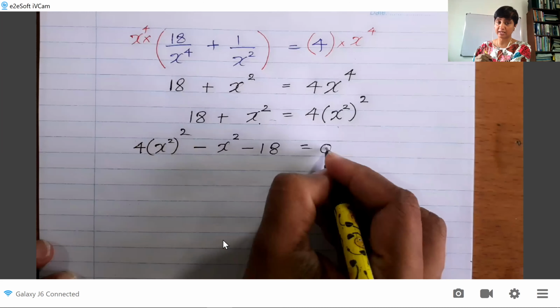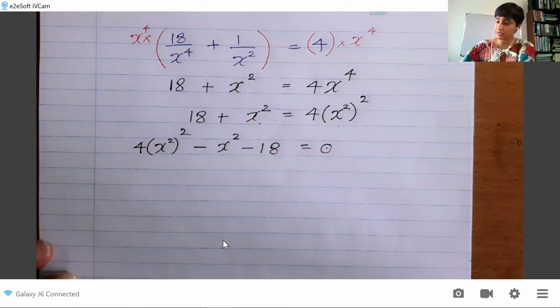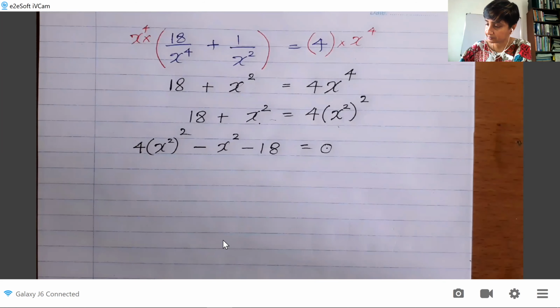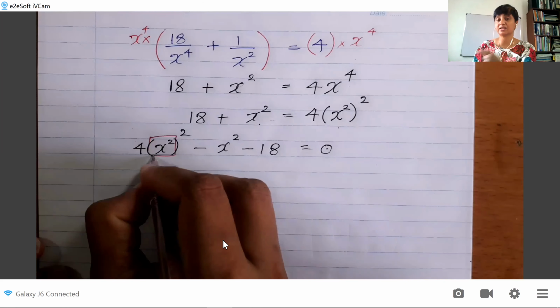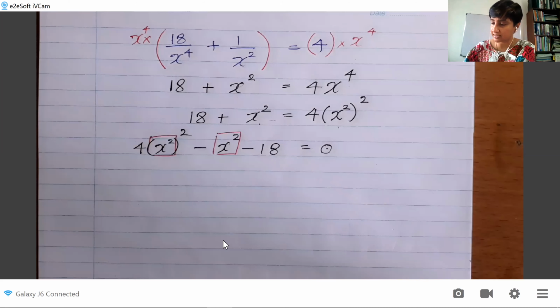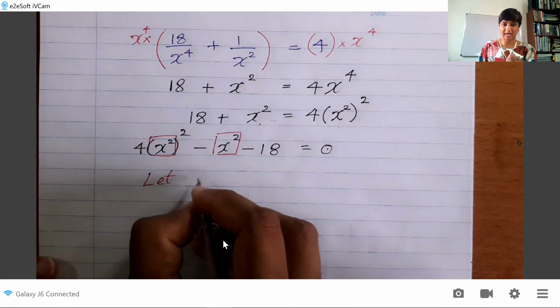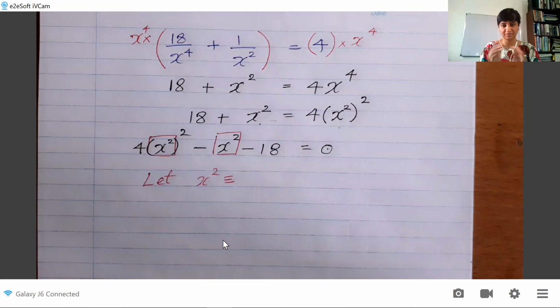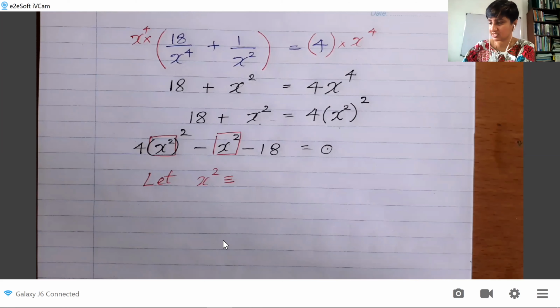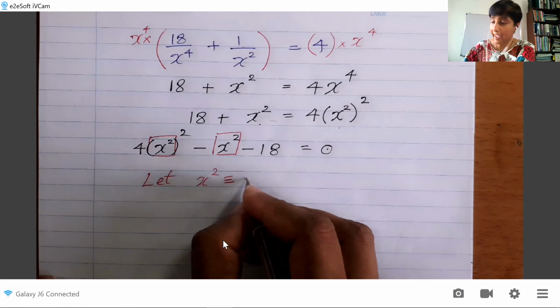Now I will do that little relabeling. I'm going to label this whole thing with a single letter. So I say let me call x squared, with the 3 lines to say it's just a relabeling, okay? I'm just going to call that by a single letter. I'm going to use m.